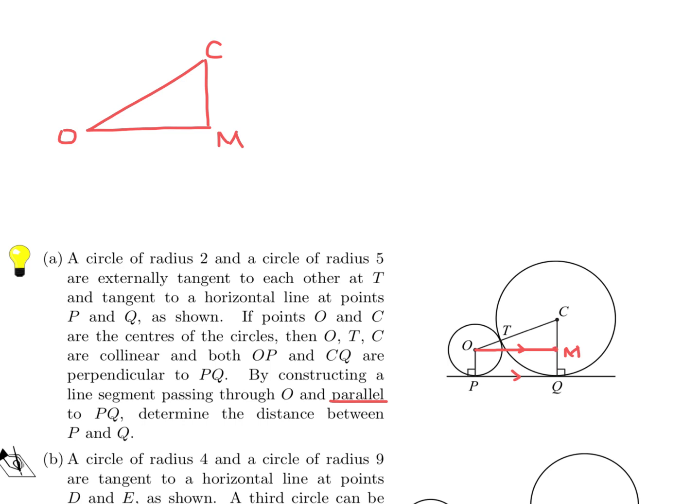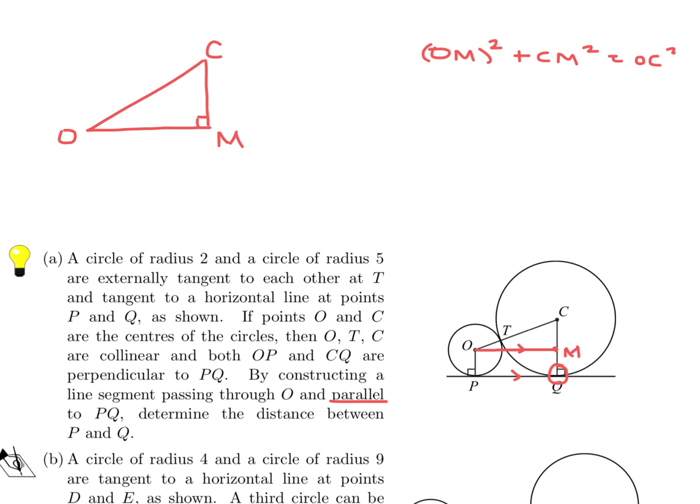That's going to be a right angle, since this is a right angle. And then we just use Pythagoras. PQ is the same as OM. So OM squared plus CM squared will be OC squared.